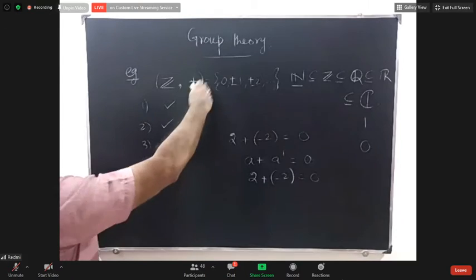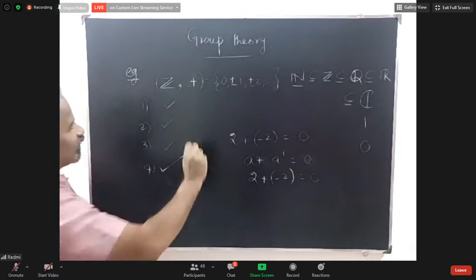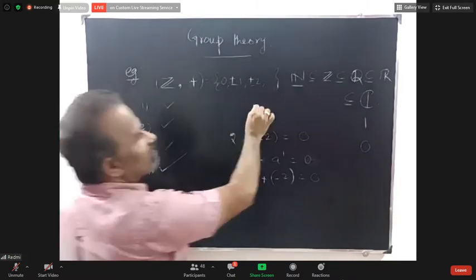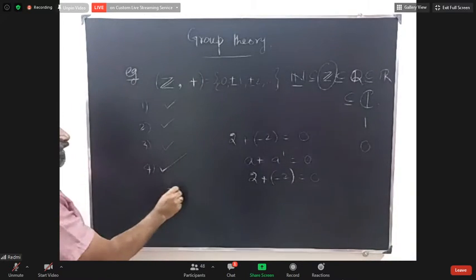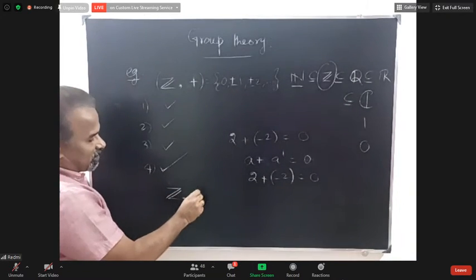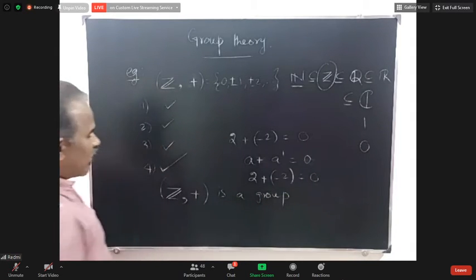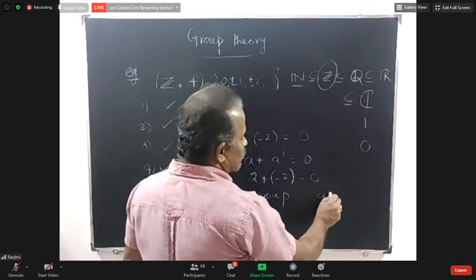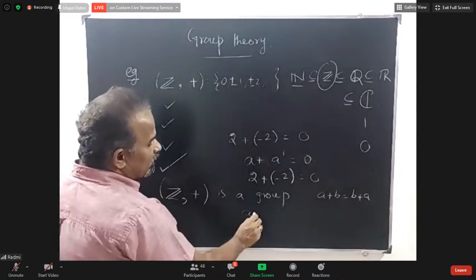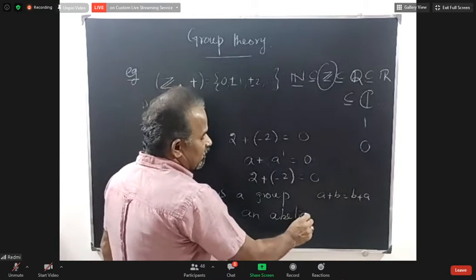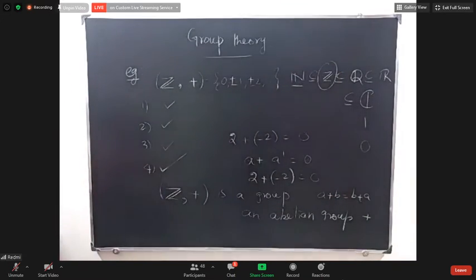So every element has an inverse. Therefore inverse is also satisfied. Therefore, in our number system, the smallest group is Z comma plus, and it also satisfies a star b is equal to b star a. Therefore this is an abelian group with respect to addition.